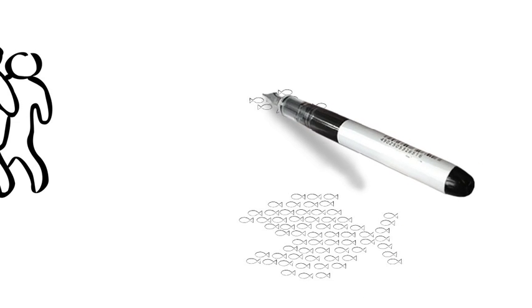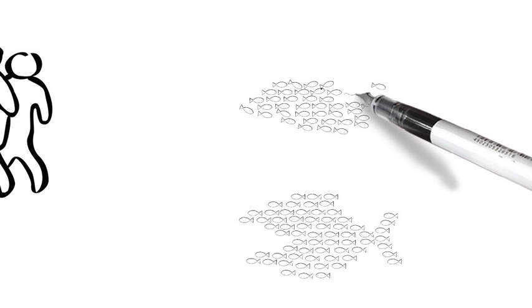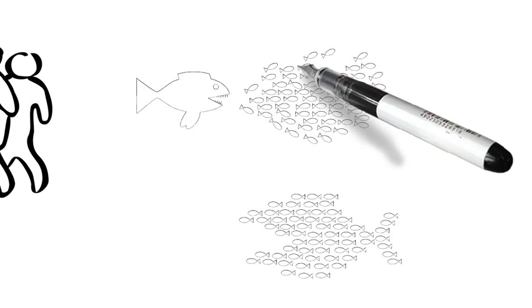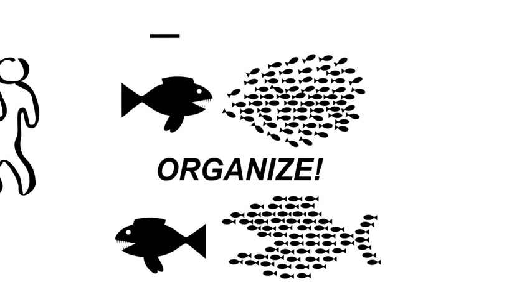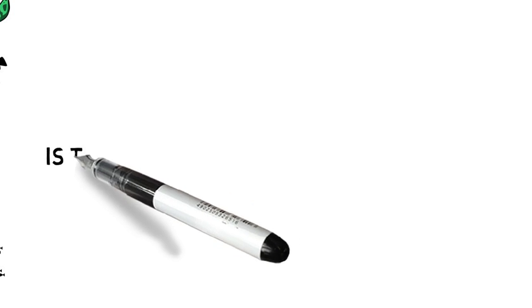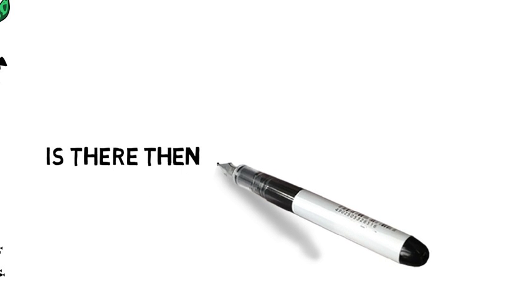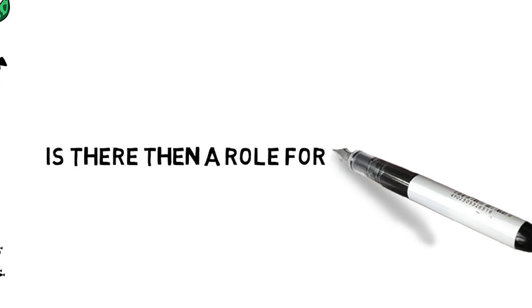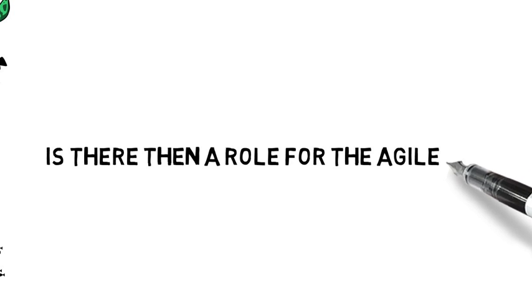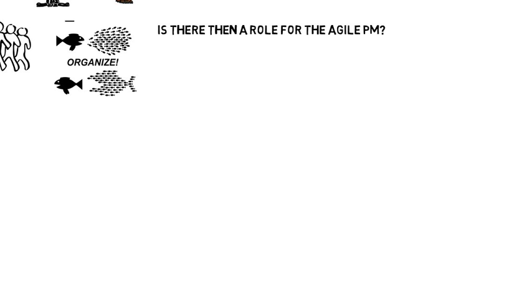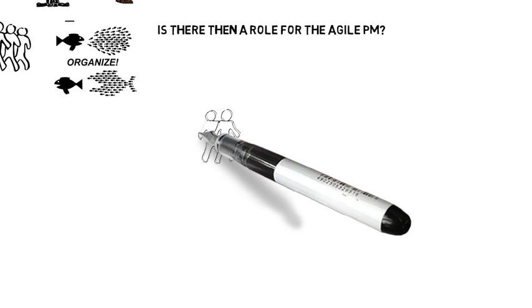So they are self-organizing, which is very different than a traditional team and a traditional project manager's world, where here they organize themselves. So is there then a role for the project manager in Agile? Well, let's take a look at that.